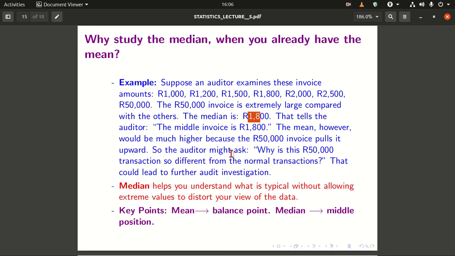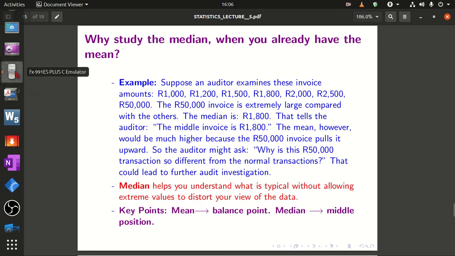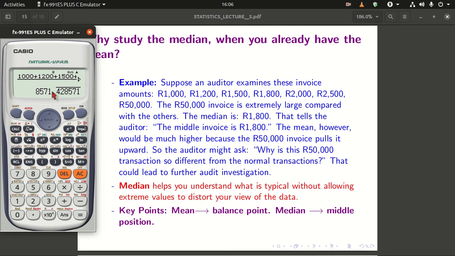Let me say it like this. Now the median and the mean are so different, because the mean is 8,000 and the median is 1,800. This simply tells you that the data is not well distributed.